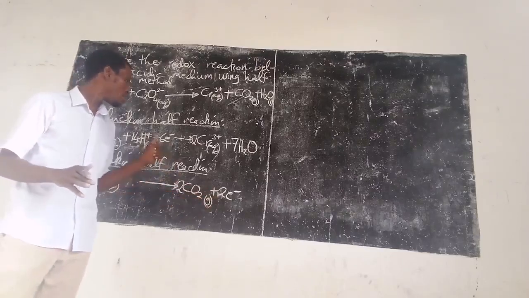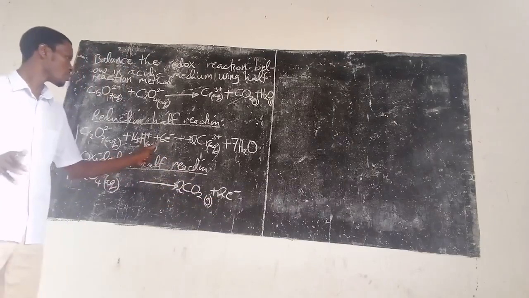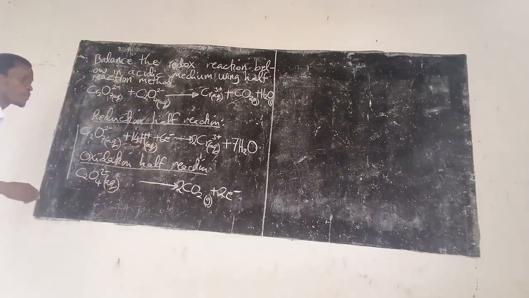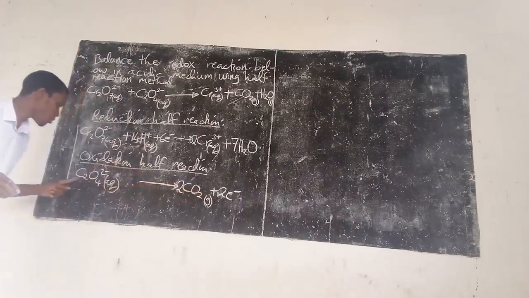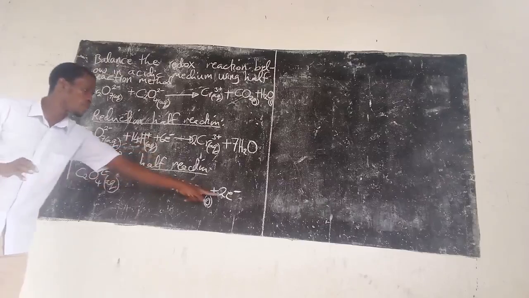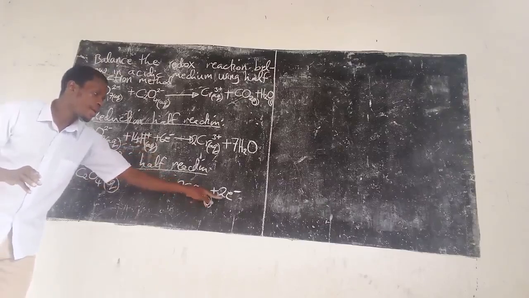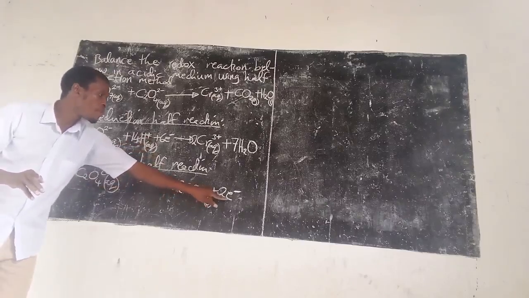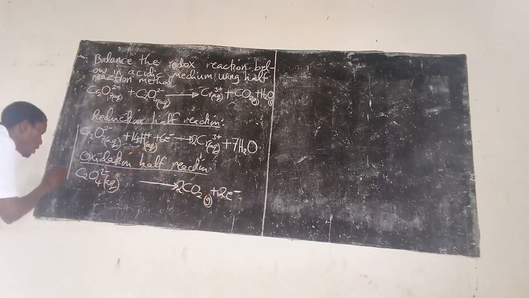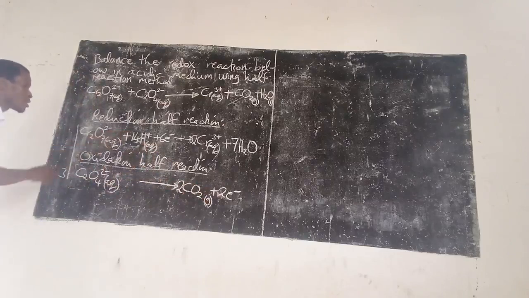So 2, 3, 2, 6. We have to multiply the oxidation half reaction by 3 to make the number of electrons equal to that in the reduction half reaction. The reduction half reaction is multiplied by 1.